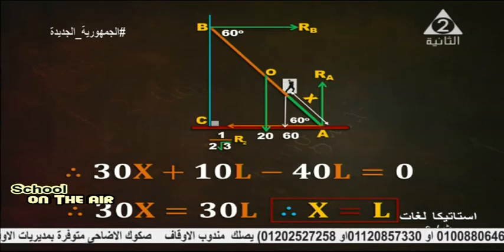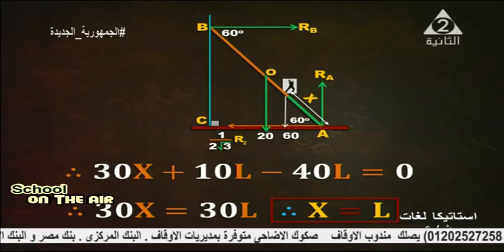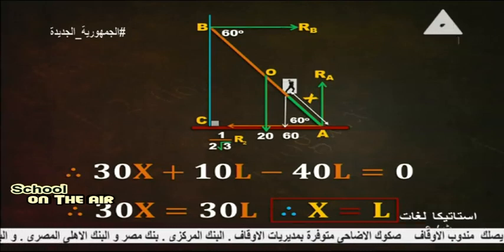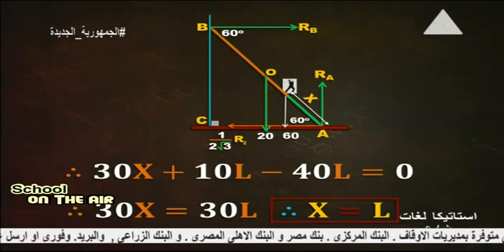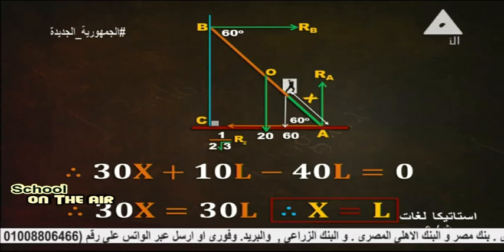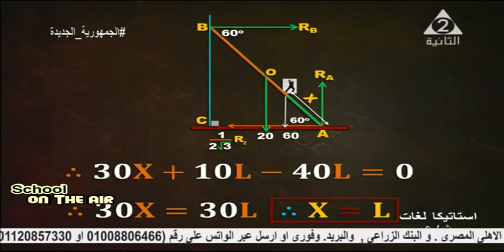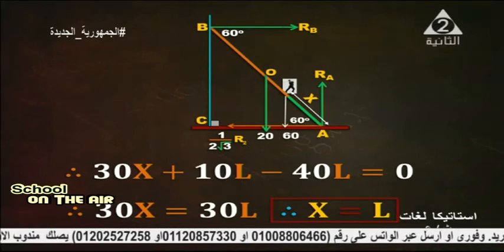My dear student, this example represents how to find the moment about point A. We must note the direction of moment, positive or negative. Positive direction is anti-clockwise, negative direction is clockwise.